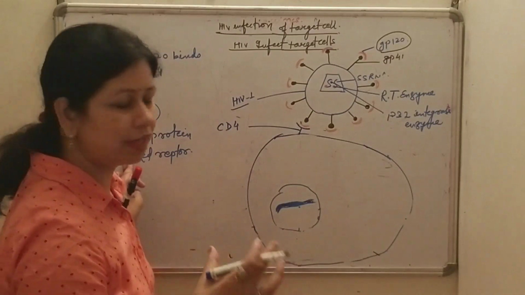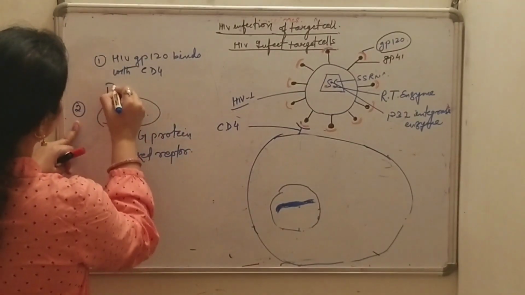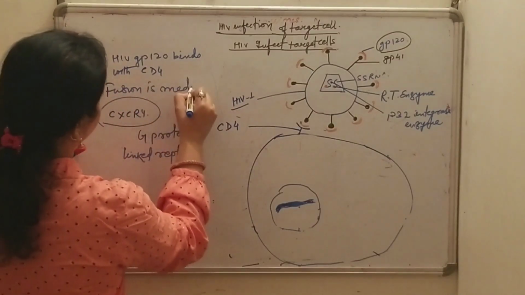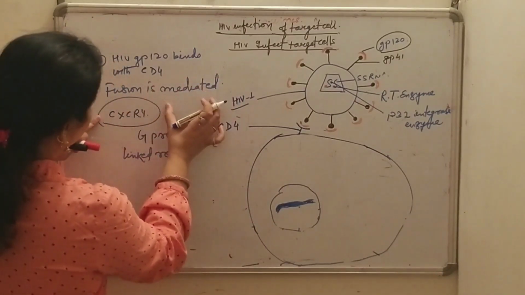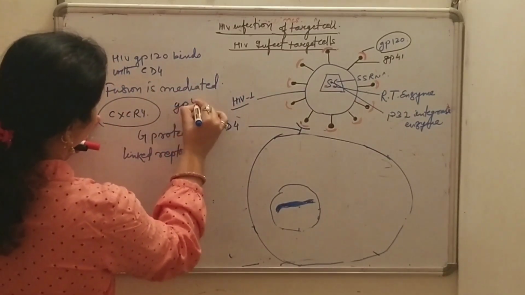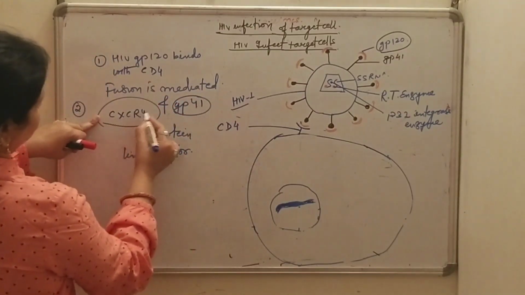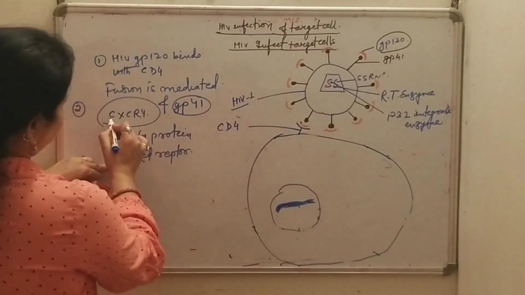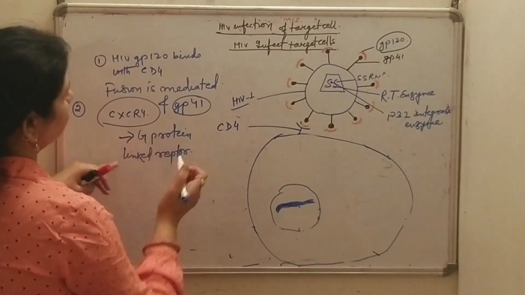In the membrane of the target cell. So in the second step, fusion is mediated by some fusogenic domain in GP41 and CXCR4 present in the target cell membrane. And what is CXCR4? This is a G protein linked receptor.